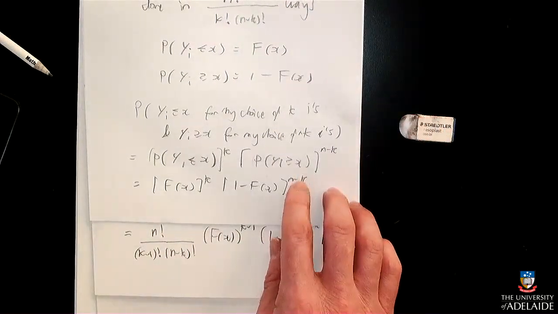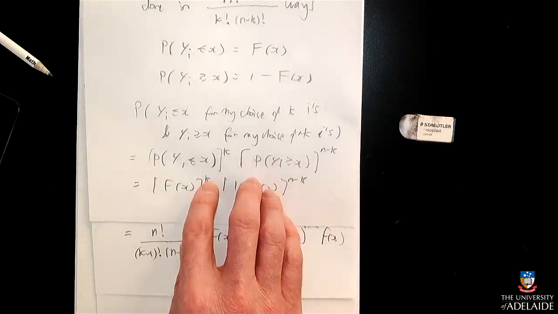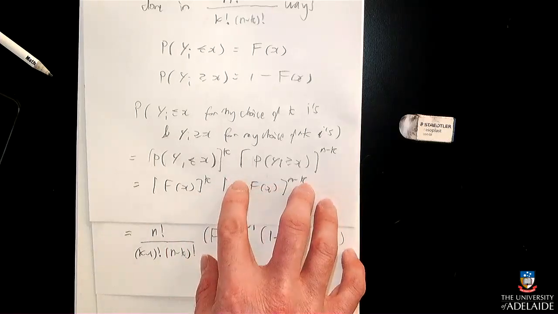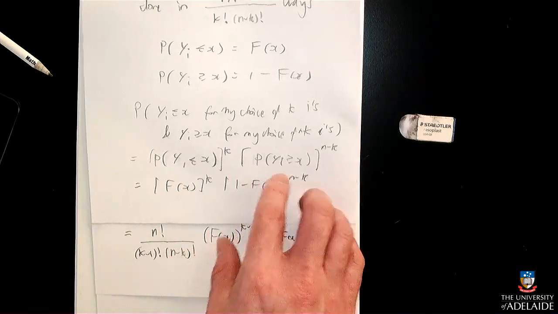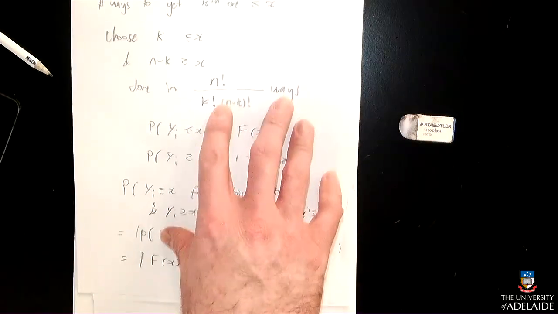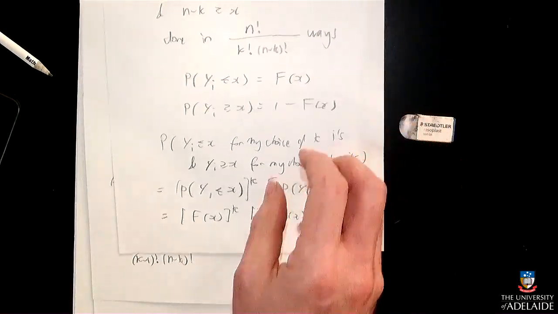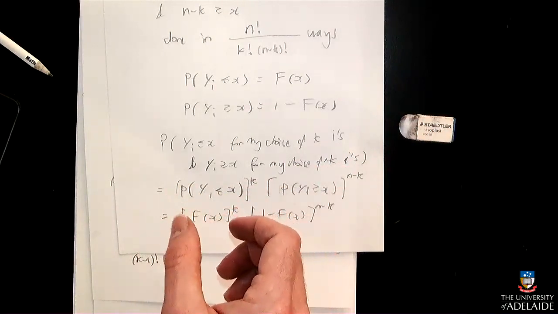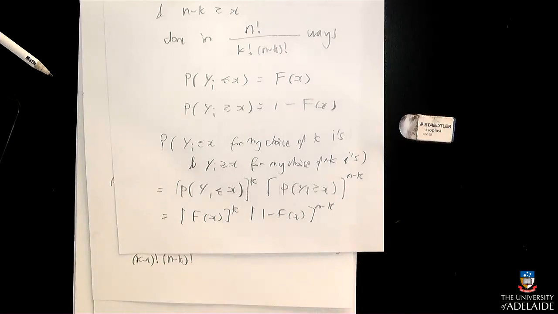It's the n minus k that's bothering me at the moment. But when I did the derivative of this, it would be k, f to the k minus 1, then I'd keep that. And then I'd have an n minus k, and this would be an n minus k minus 1. And then they'd both have this thing in front of them. And so then I could factorise out the bits that had common denominators, and I reckon I'd get an f of x in one and a 1 minus f of x in the other, which when you add them together would give you 1.